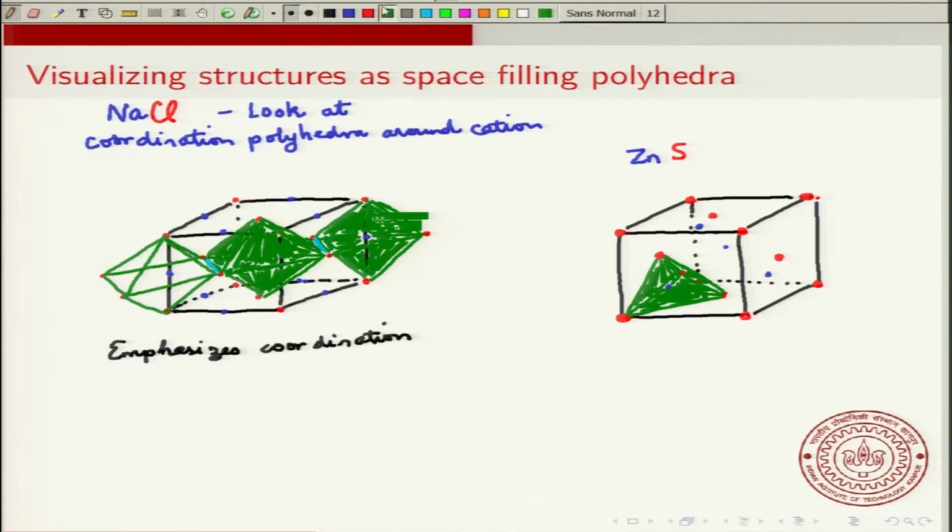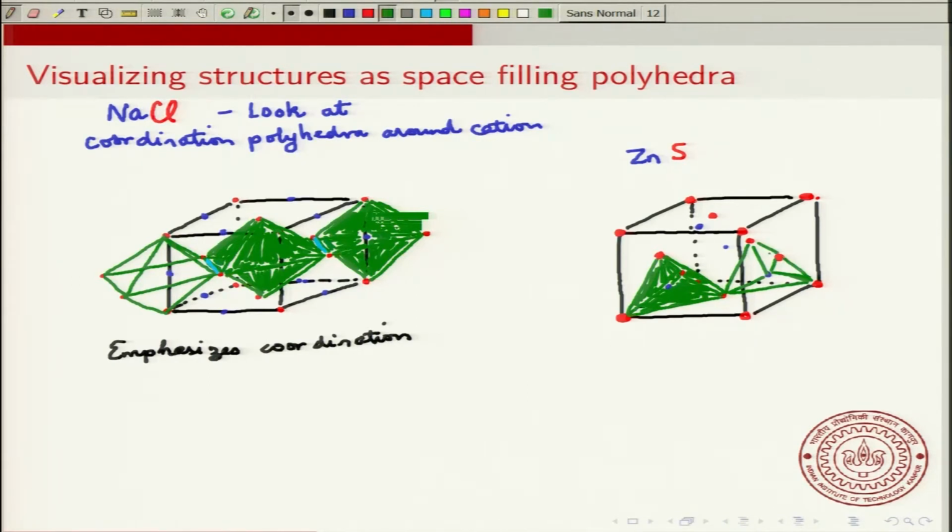And now if you take this other neighboring zinc ion, the polyhedra for this, so these are the 4 and this one in the back face. These are the 4 nearest neighbors, and now you can see that you get another tetrahedron.